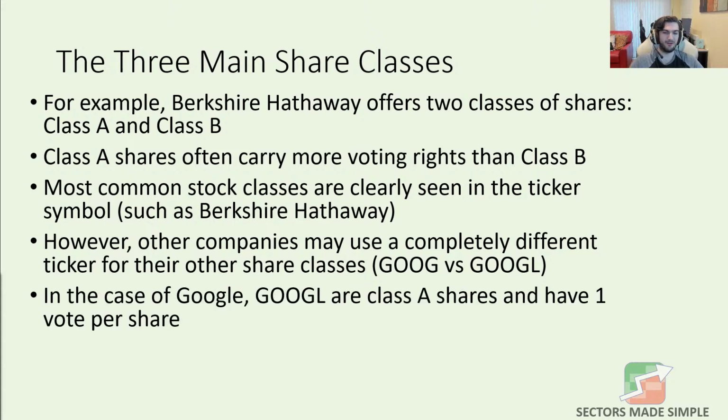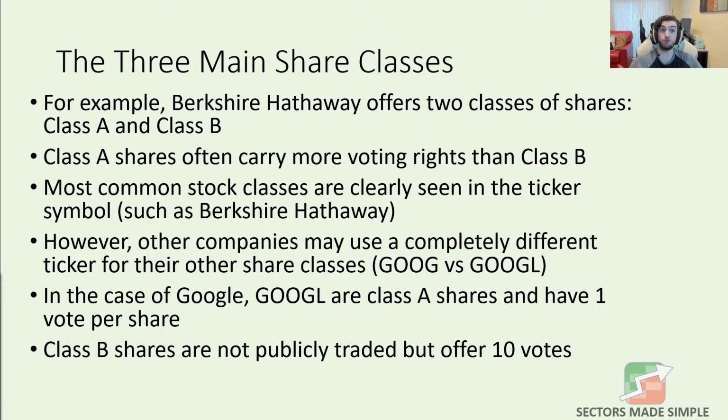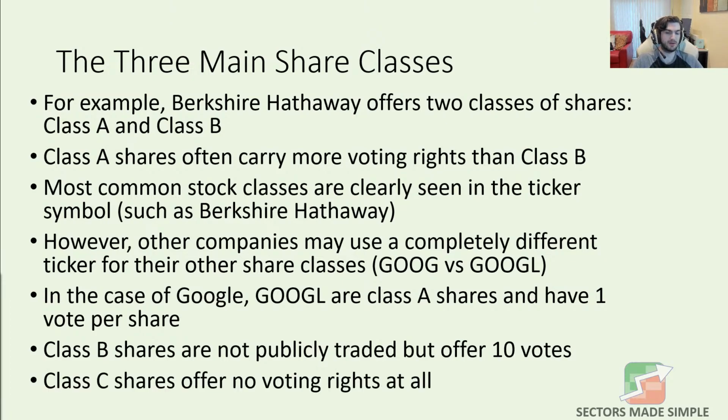In the case of Google, GOOGL are their Class A shares and have 1 vote per share. Class B shares do exist, but you can't buy them, and they offer 10 votes per share. Class C shares, which is GOOG, offer no voting rights at all.